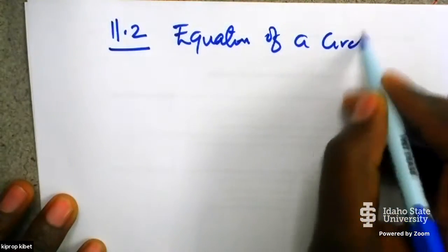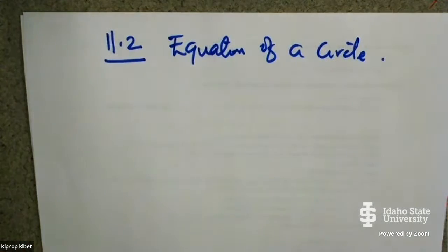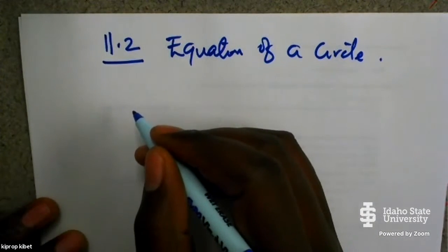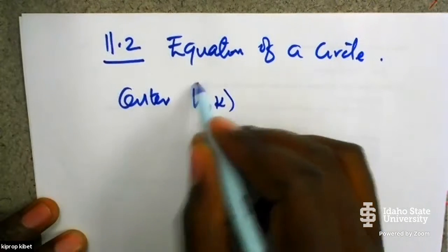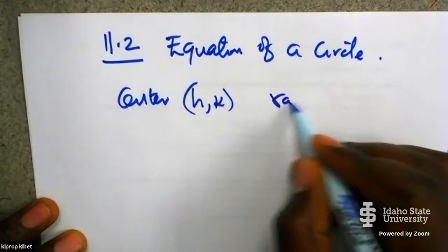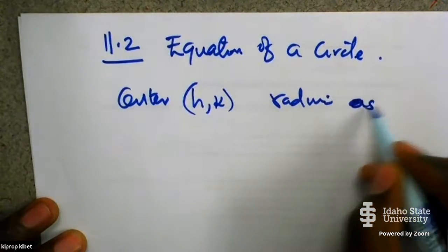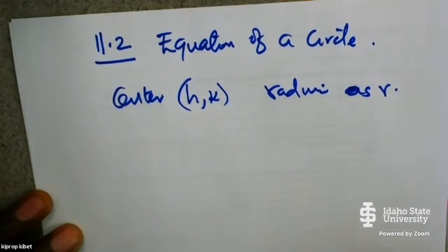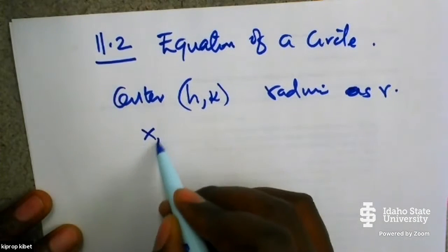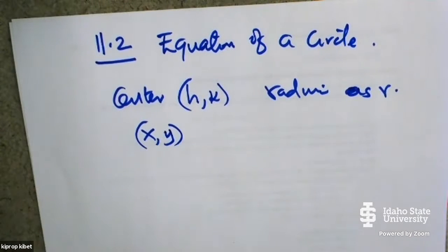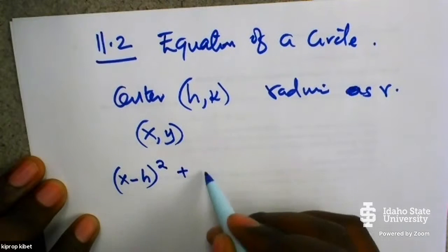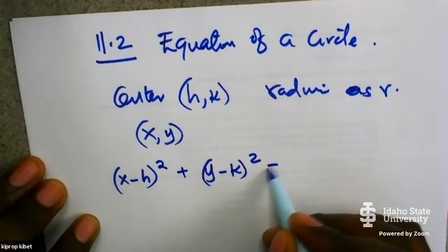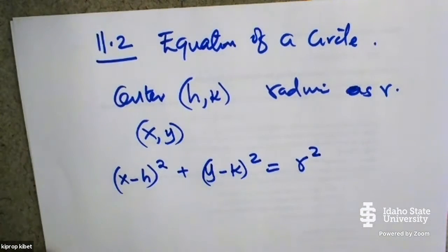If we have the center of the circle as (h, k), and we have radius r, then the equation of the circle, for any point (x, y) on the circle, will be (x minus h) squared plus (y minus k) squared equals r squared.